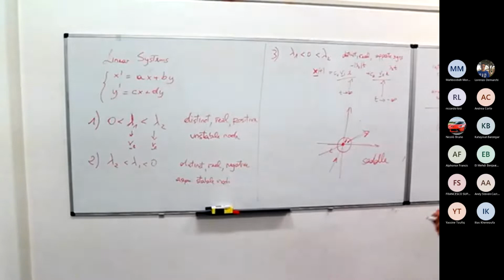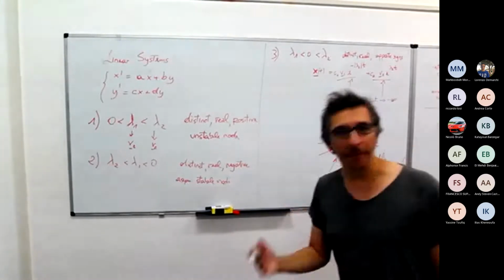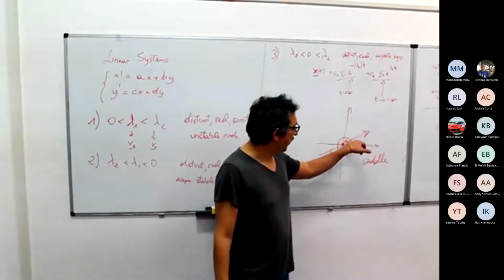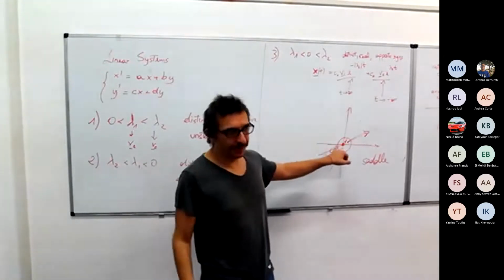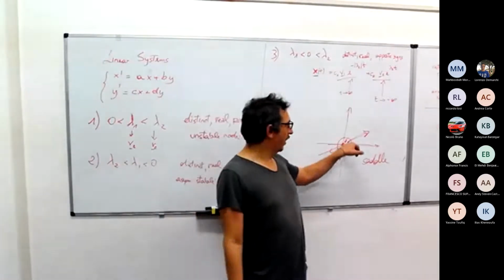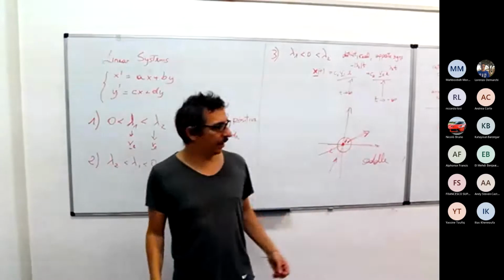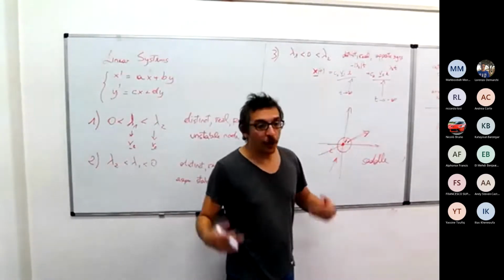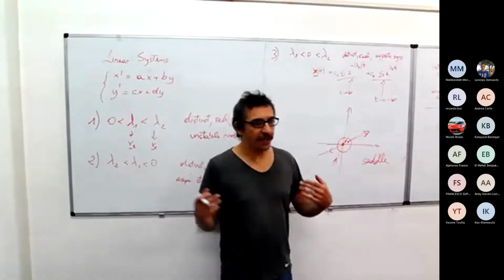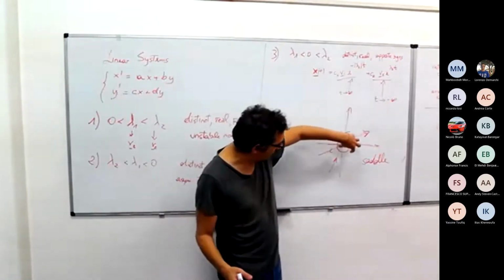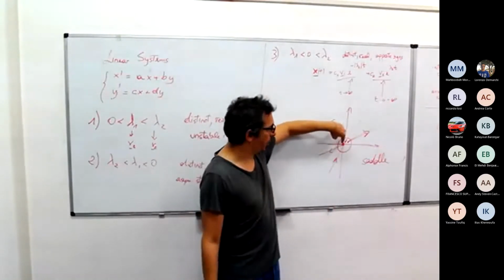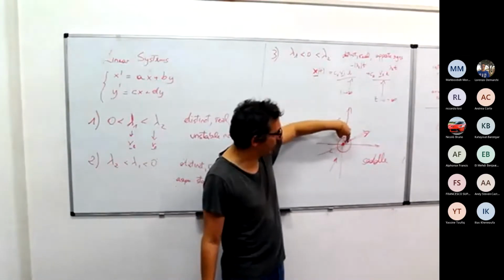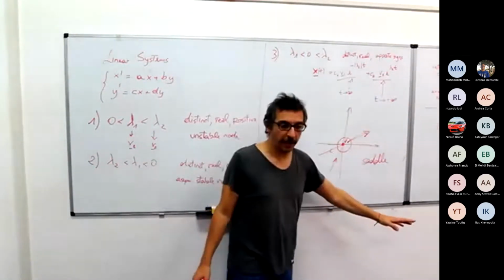So here we have a problem, because basically what's happening is that there are some trajectories, some paths, some orbits, which are asymptotically reaching the critical point. But not all of the trajectories which are included in this neighborhood are approaching asymptotically the critical point. Because there are some trajectories, like for example this one, which instead are going away.